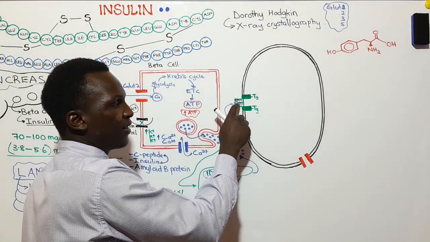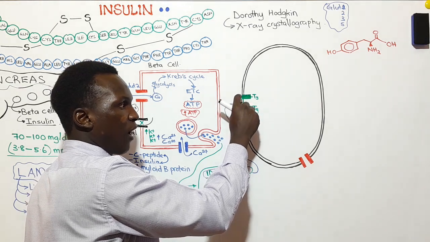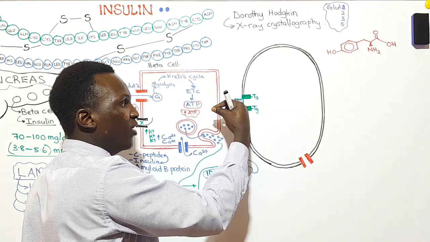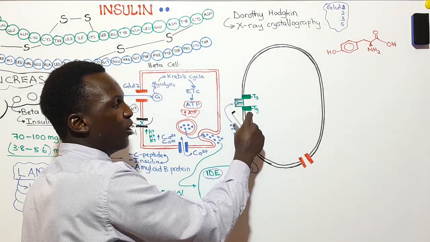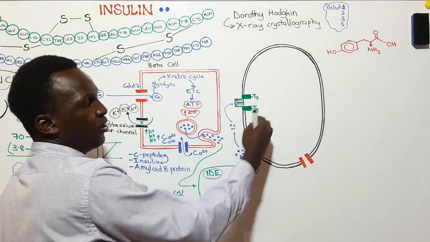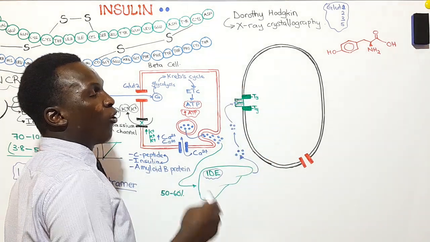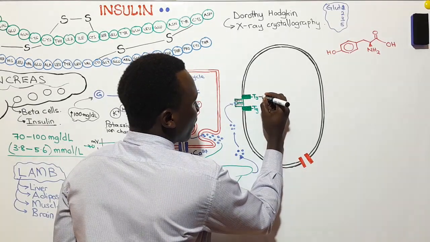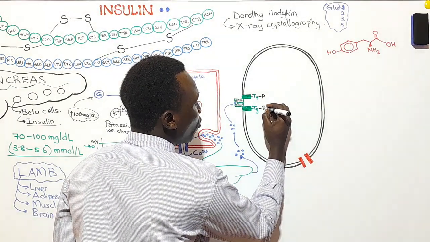Dimerization causes the two alpha units to come close together, changing the conformation, which will later affect the conformation of the beta subunits. When the conformation of the beta subunits that contain the tyrosine residues changes, autophosphorylation happens immediately. So autophosphorylation is the addition of phosphate groups automatically.